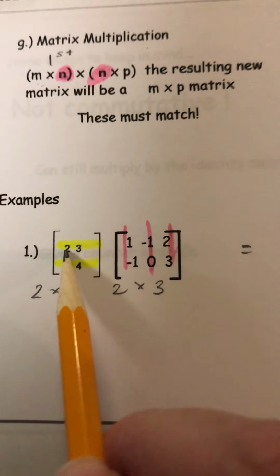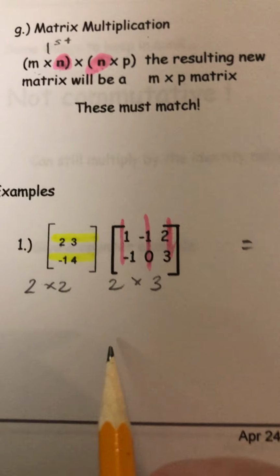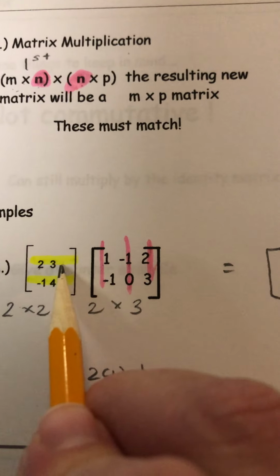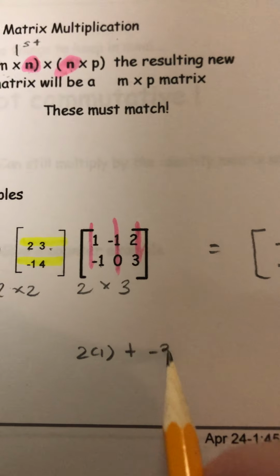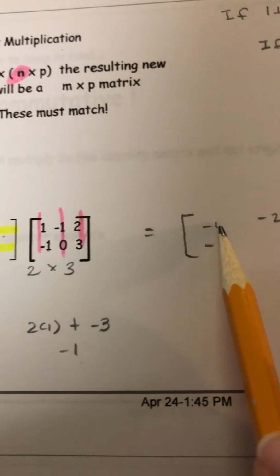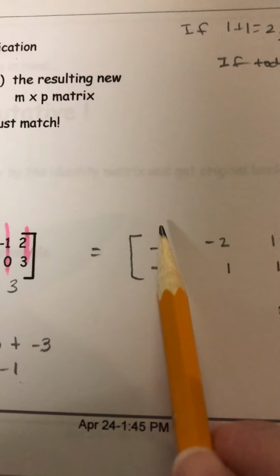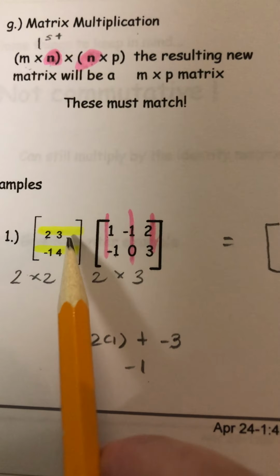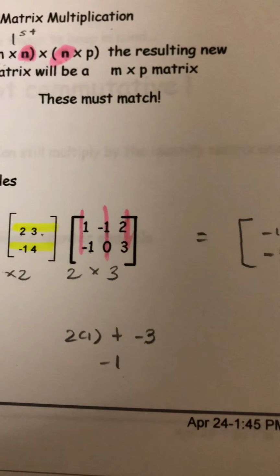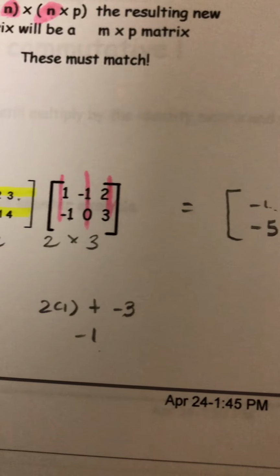What you're going to do is multiply 2 times 1, and then add that to 3 times -1, which is -3. The answer you get is -1. That will give you your row 1, column 1 entry. So again, you're going to take this row and line it up with this column, multiply the terms together and do a simple PEMDAS.